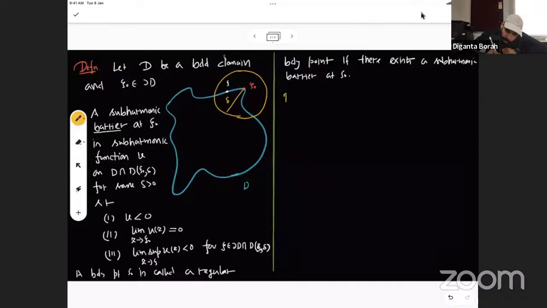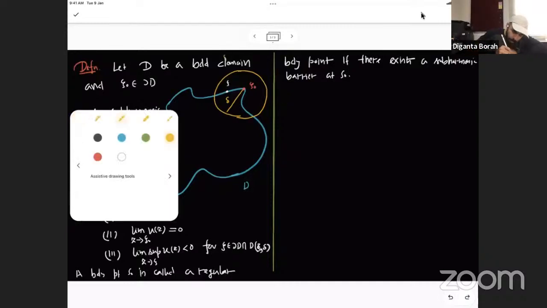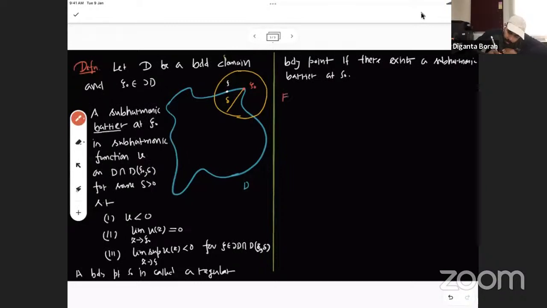Although I'm defining it this way, it is actually an easy exercise. In our definition, a barrier is something local. It is defined near the point zeta.